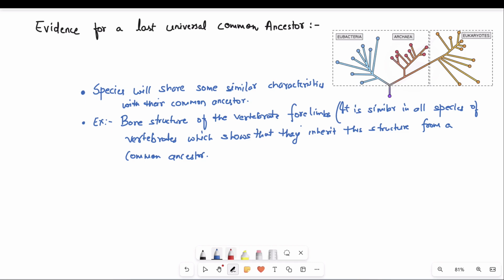What other evidences are we getting? This is the first evidence, right? So the evidence is some similar characteristics, similar features. Second, DNA evidence. DNA provides a useful tool, and how can we connect with the DNA?